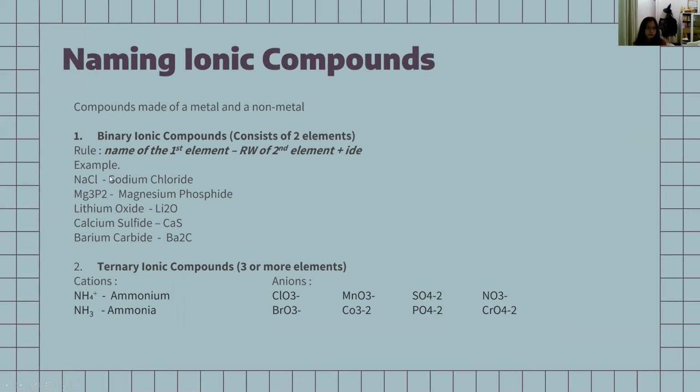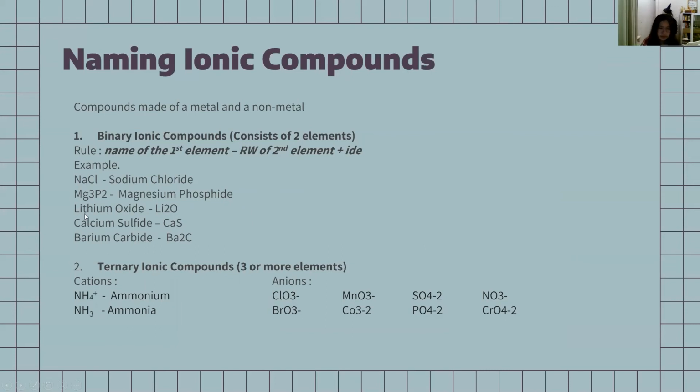The first element is Mg or magnesium, and then the root word of the second element is phos, phosphorus actually, but we can just say phosphide. Then lithium oxide, Li2O, calcium sulfide, CaS, barium carbide.